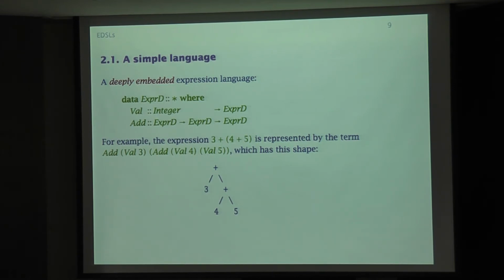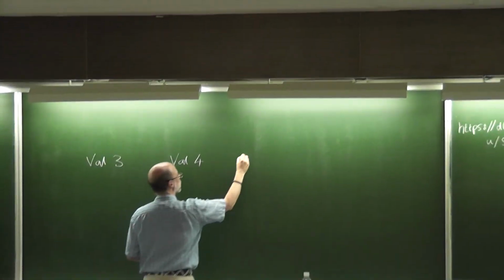So val takes an integer like 3 and makes an Expr out of it. And add takes two smaller Exprs and makes a bigger Expr out of it. So val takes that integer 3 and makes an Expr out of it, so that's an Expr. Similarly, that's an Expr.